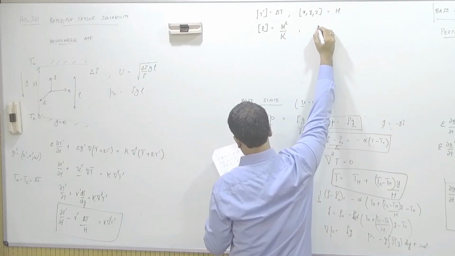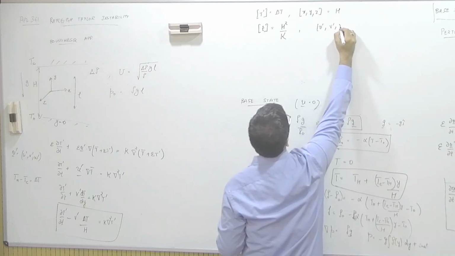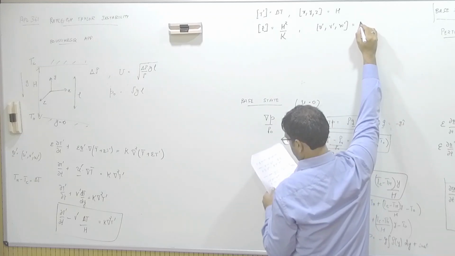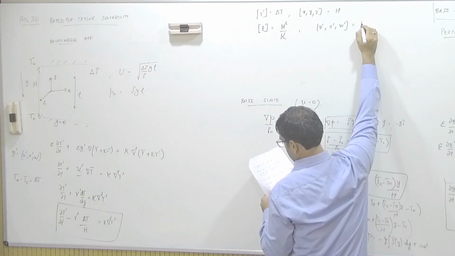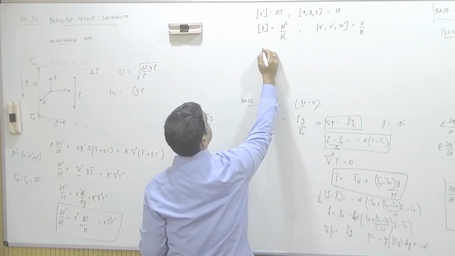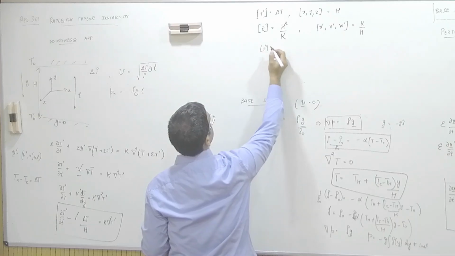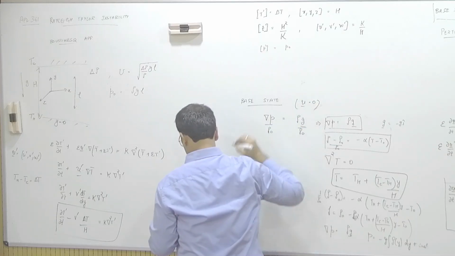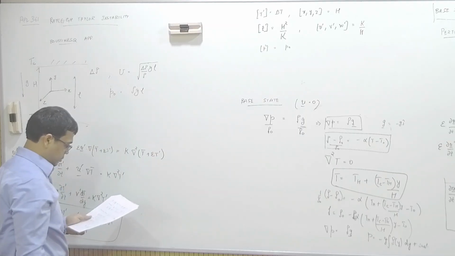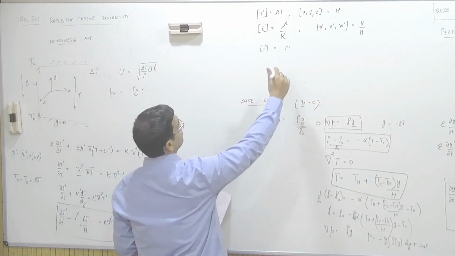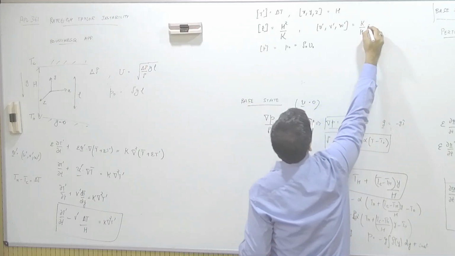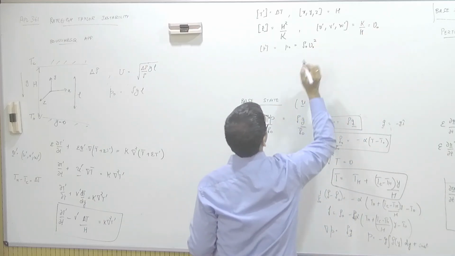The velocity scale I am choosing as kappa over H. And the pressure scale P prime is just P naught, which we will pick as rho naught u naught square.